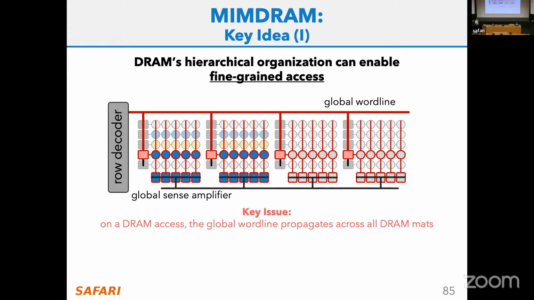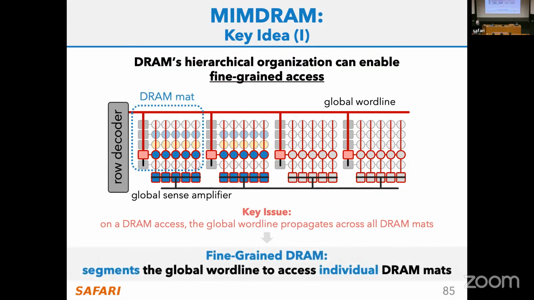This is a known problem in DRAM subsystems, not specific to processing using DRAM. Prior works have tried to mitigate this problem, which often leads to throughput waste, but also energy waste, because we are activating rows that are not going to be accessed.